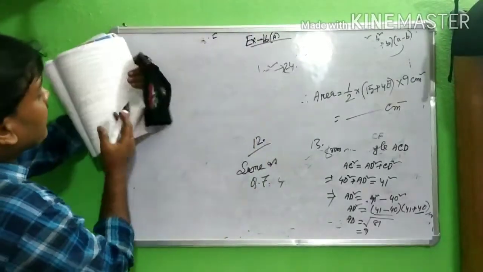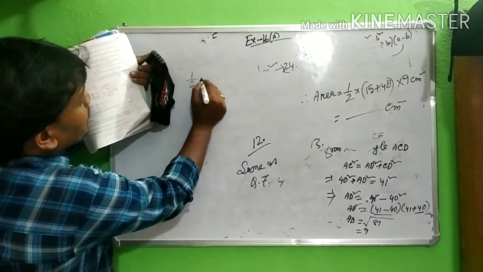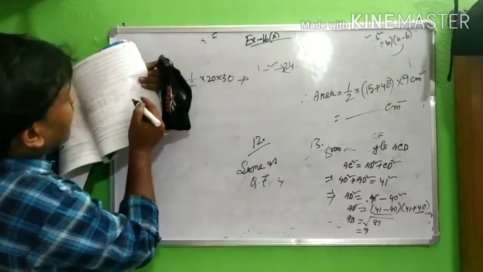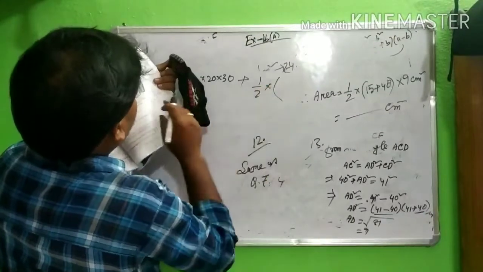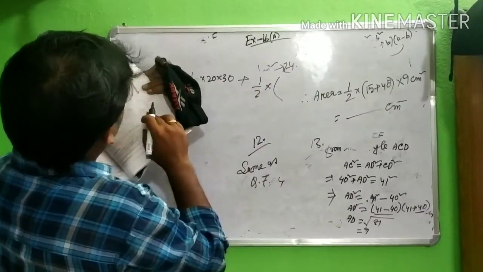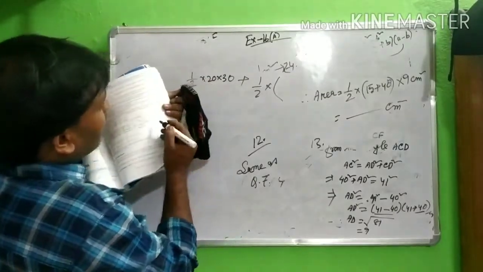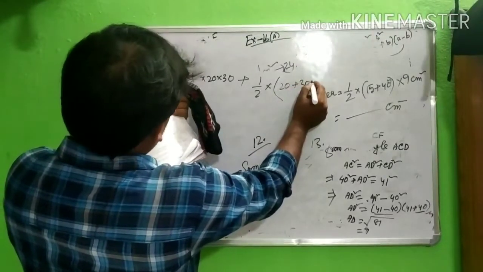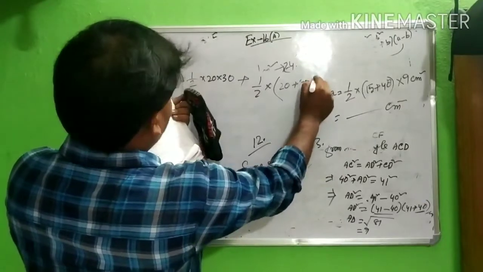The area of this triangle is half into 20 into 30, plus the area of this trapezium, half into the sum of parallel sides, 20 plus 30 or 20 plus 70, total is 70.